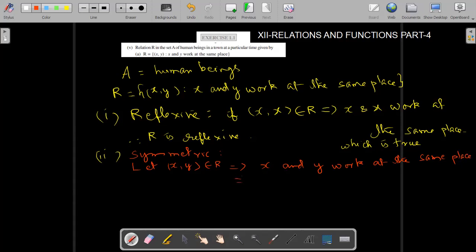Can we write Y and X instead of X and Y? Will it make any difference? Yes, we can write Y and X work at the same place.